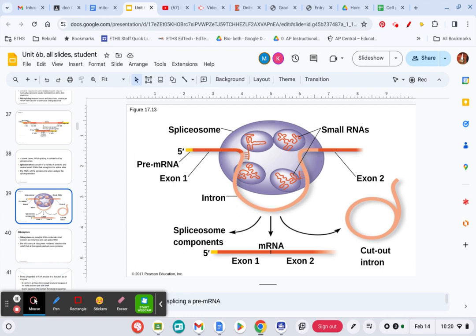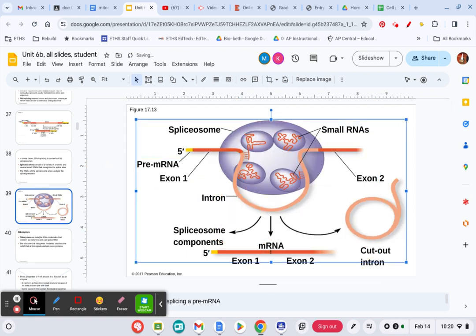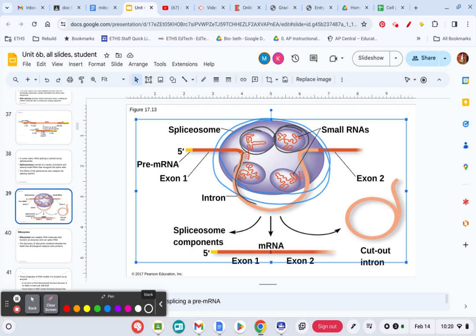And inside the spliceosome, I have these little bubbles. I'm going to change colors. Those are RNA, and they're going to bring this loop together.